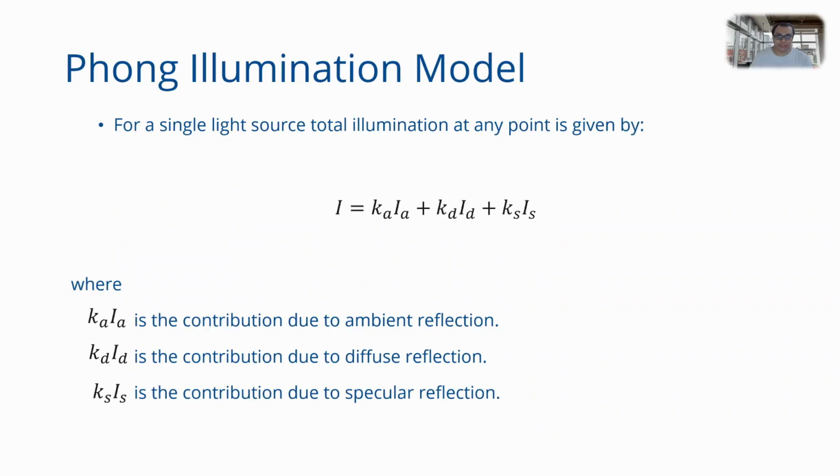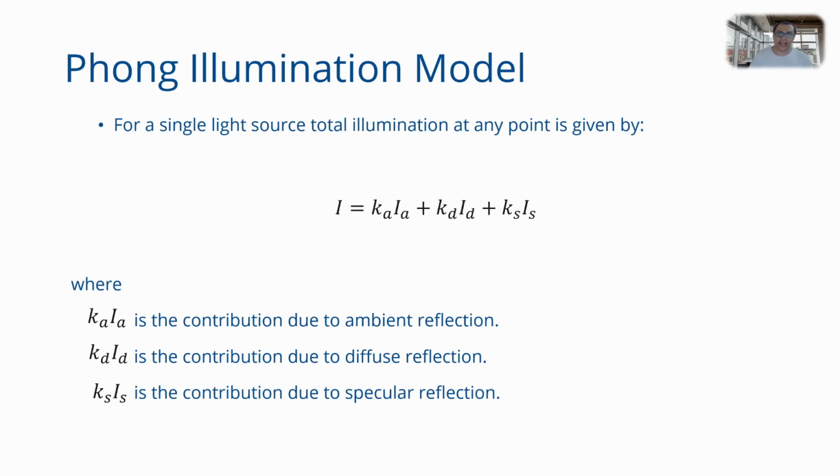This illumination model that we are going to use is called the Phong Illumination Model. And this is a very simple illumination model. For a single light source, total illumination at any surface point is given as Ka into Ia plus Kd into Id plus Ks into Is.